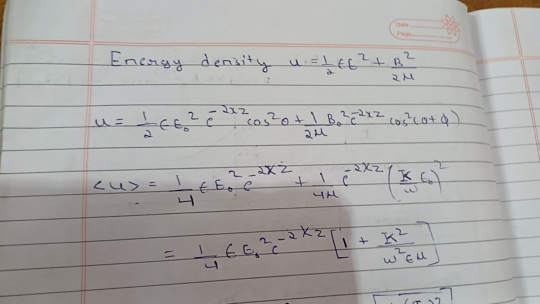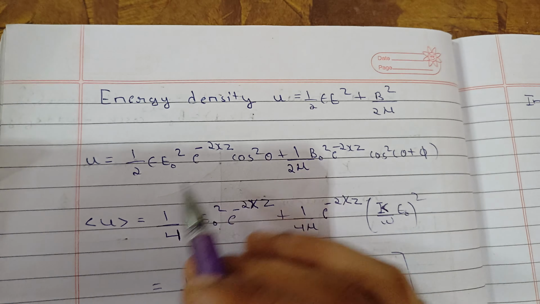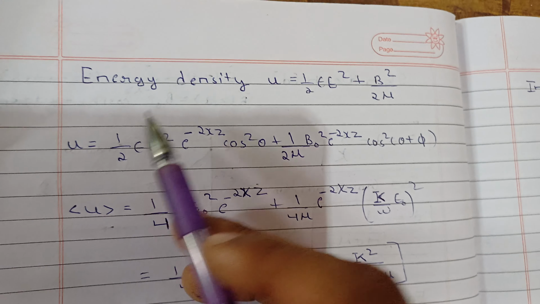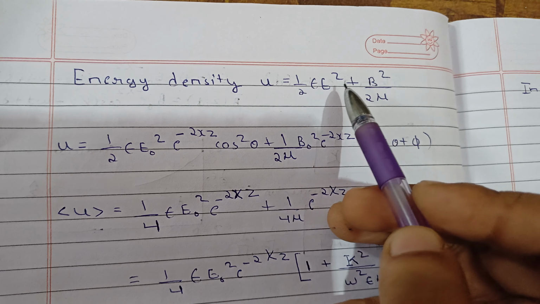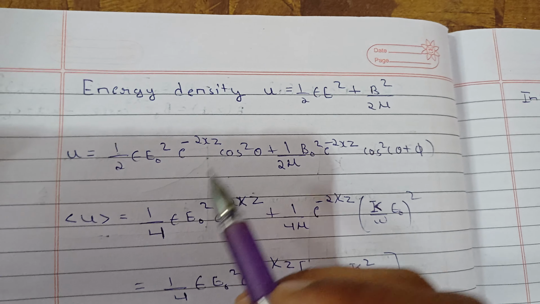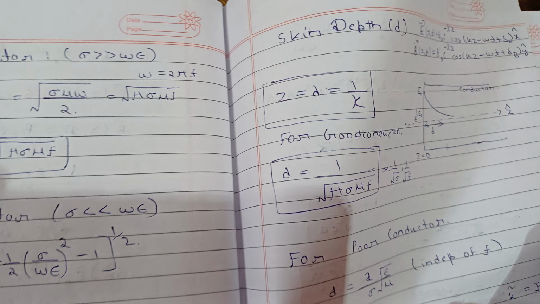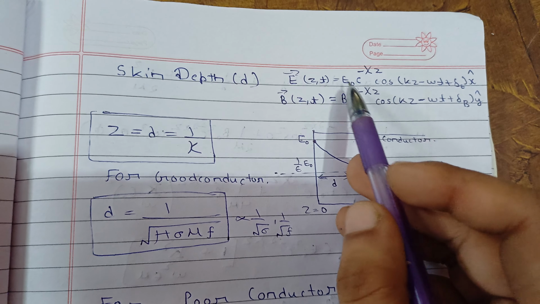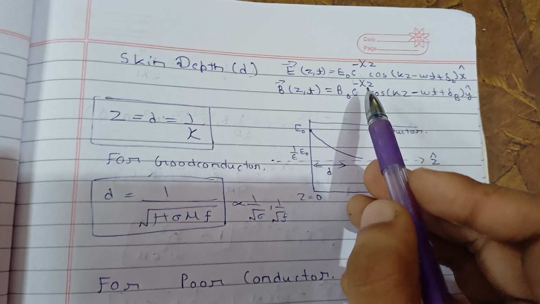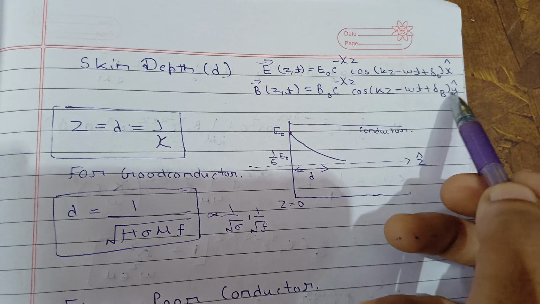Now let's find some other terms: if our wave is transmitting through the conductor, then what will the energy density and the intensity be. So first, energy density is nothing but 1 upon 2 epsilon E squared plus B squared by 2 mu. So let's substitute the value of E and B. So E is nothing but, again we will take this equation, E naught exponential minus kappa z cos theta, and B will be with theta plus phi.